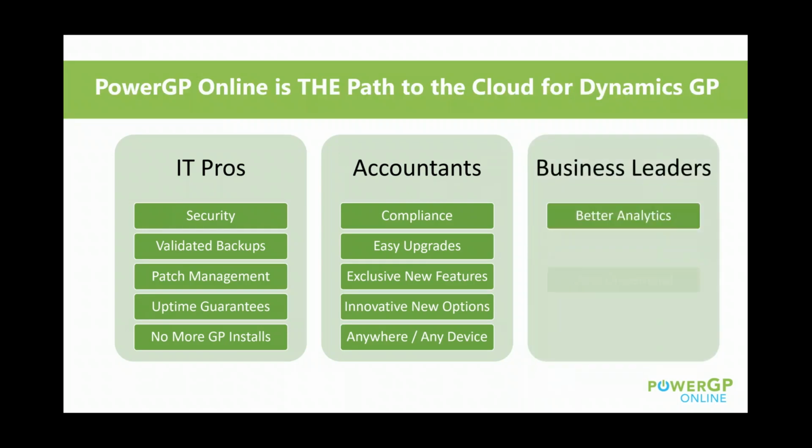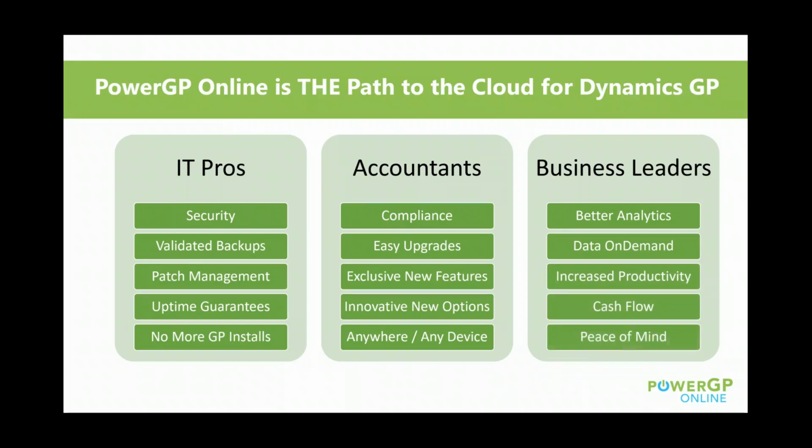And then for business leaders, the path to getting better analytics and better intelligence out of your data, we've already done that. You get your data on demand in the format that you like. Your people can be more productive, so IT people and accountants can focus on helping to run the business rather than all the little intricacies, because we'll make sure it's up and running.